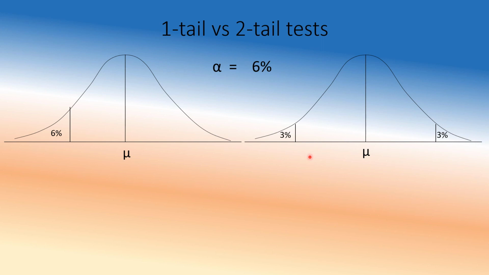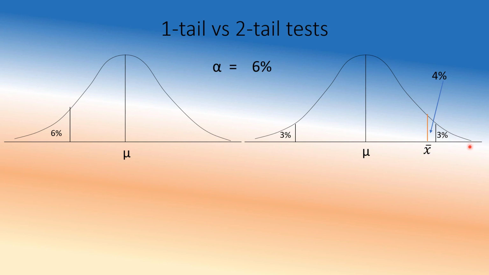Correct? It makes sense. Now suppose our X bar happens to be here, and suppose this is 4%. That means this is 4%, right there. That's what we call p-value. P-value is what? If the mean is this much, what's the probability of finding X bar this or more?